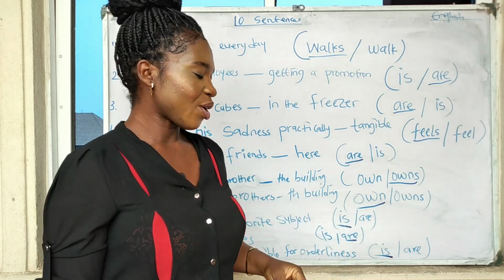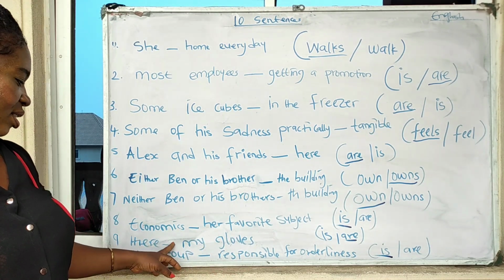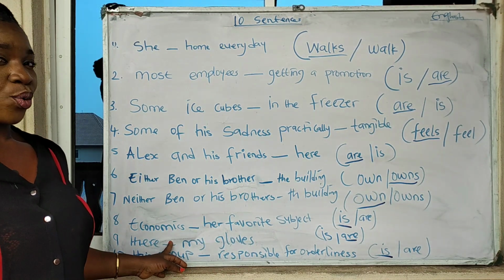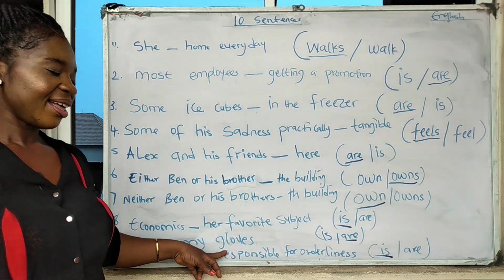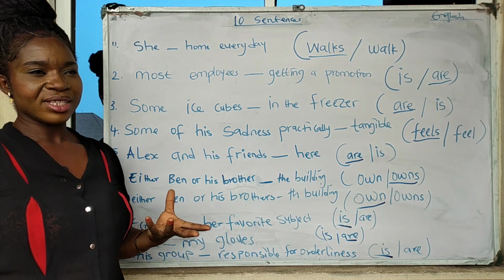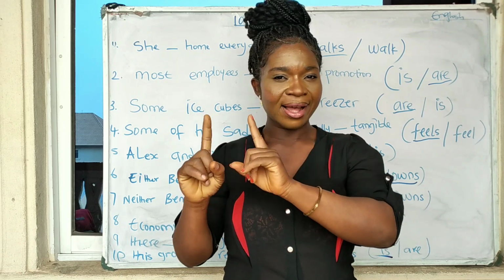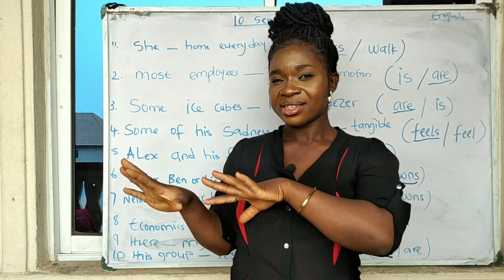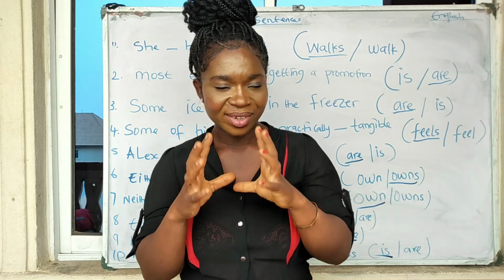So just like we have here, this is plural, so this verb automatically will be plural. And if this happens to be singular, the verb right here will be singular. For instance, I say there is a cat. I'm talking about a cat, just one cat. There is a cat on the table. So that's what number 7 implies.